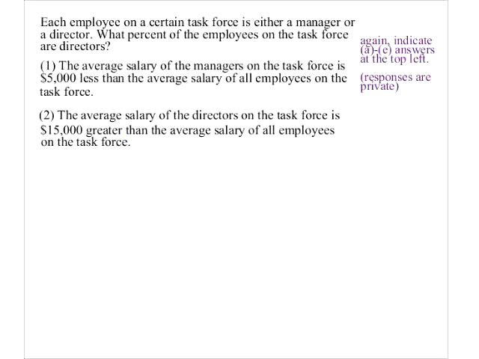So here's the story. If you look at statement 1, let's look at number lines. Because again, it's what percent.